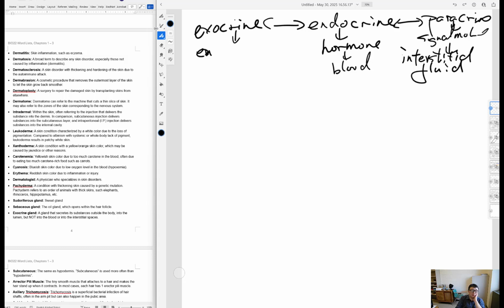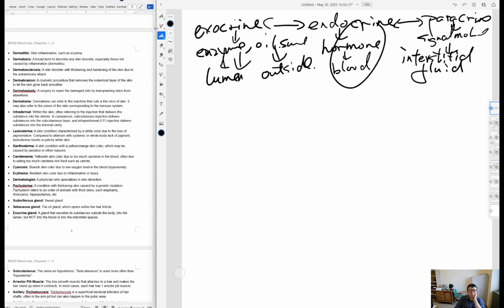Sometimes it can be enzymes, and of course oil, sweat, etc., into the lumen, and then to outside the body. So, in other words, endocrine is more precisely described as producing hormone into the blood.